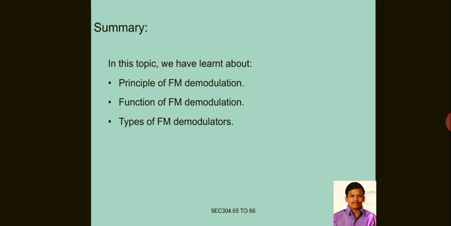Then we saw the Foster Seeley discriminator, which is very important in FM detection or demodulation. It is also called a phase discriminator, or center tapped FM detector, because in this one the center tapped transformer is a major element.